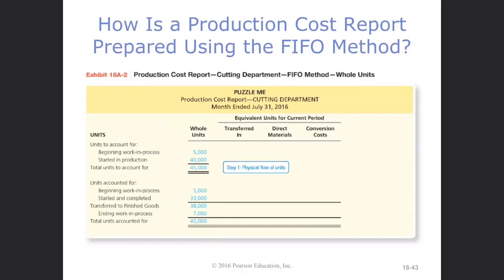We've got our beginning work in process plus our started in production, which gives us the total units to account for. To find the units accounted for, take your beginning work in process plus started and completed, which equals transferred to finished goods. You're going to add in your ending work in process to give you the total units accounted for.